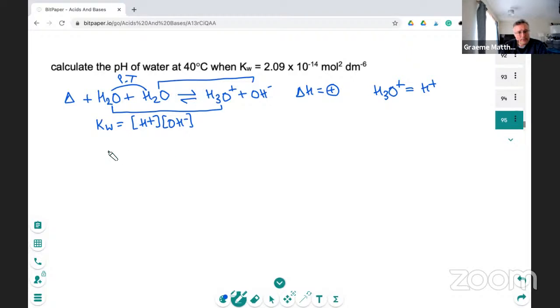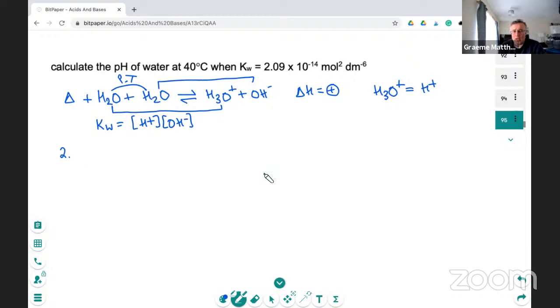So we can now say the Kw at a given temperature is temperature dependent. Now, this is a tie-in because when you did equilibria, you did Kc and maybe Kp, and the only factor that can change the value of Kc, Kp, or Kw is the temperature.